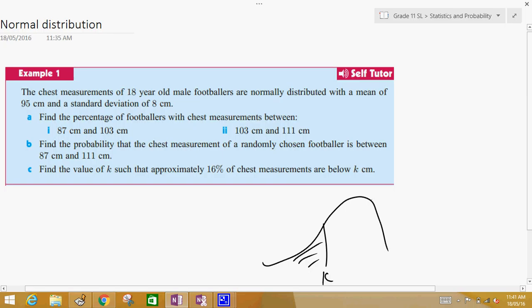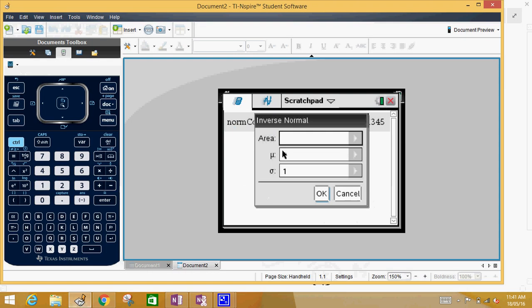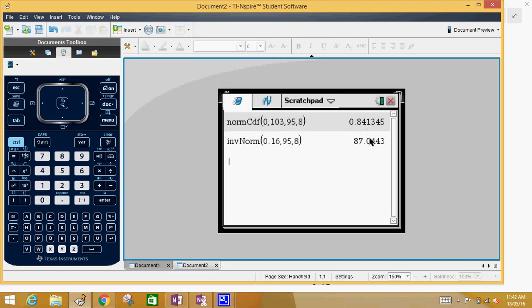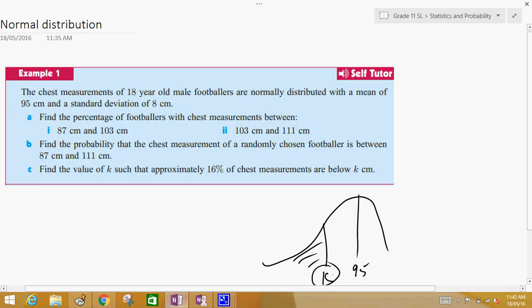Well, we know the mean is 95, so your numbers should be lower than 95. So if we go back, this is 16, so 0.16. The mean was 95. And the standard deviation was 8. Press enter. And the number is 87.0. So that is your K value.